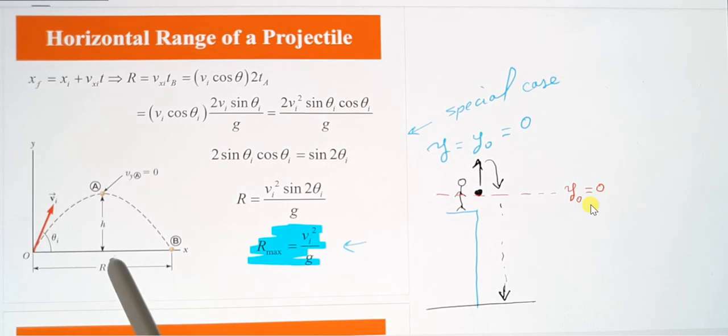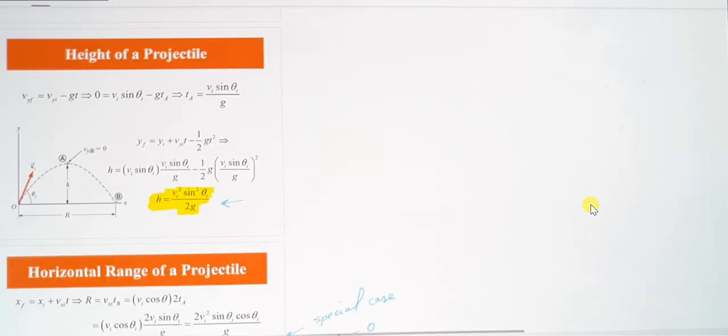So in projectile motion, it's only a special case when y naught equals y equals 0. So be careful. You cannot use this equation or this equation unless y naught equals y equals 0. Be careful.